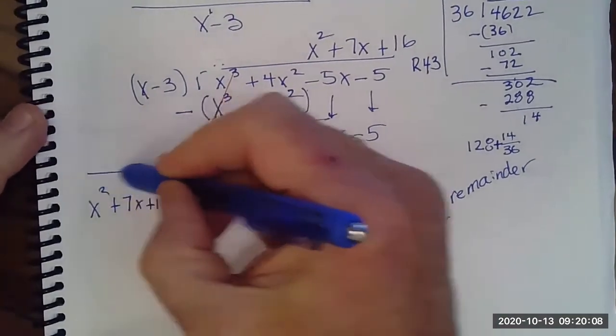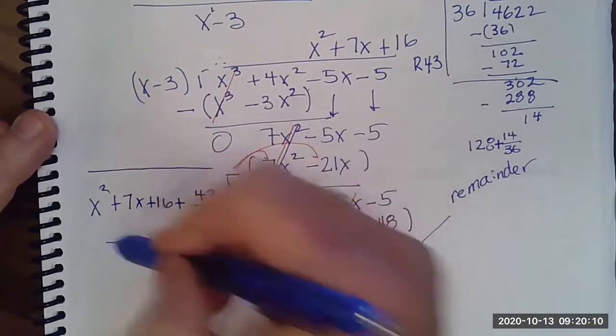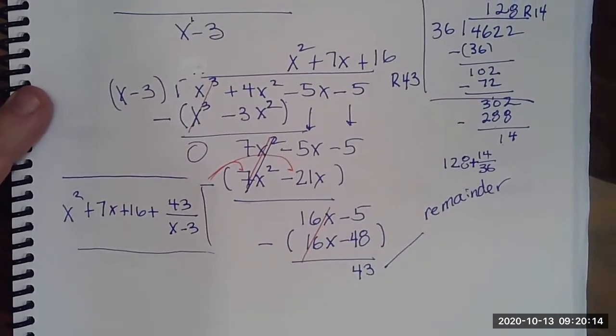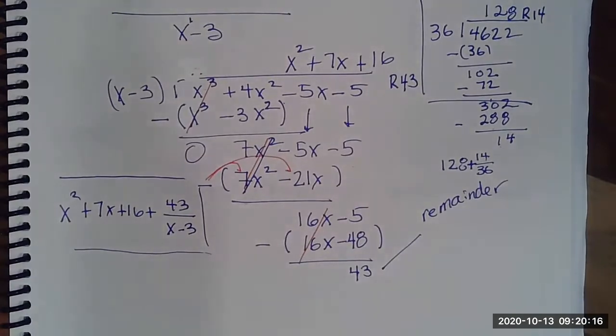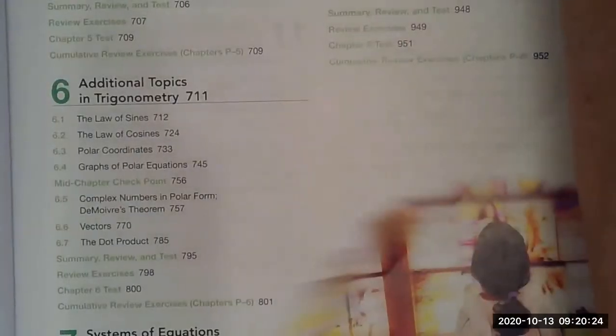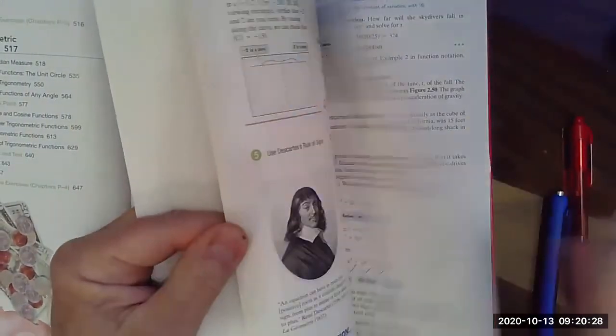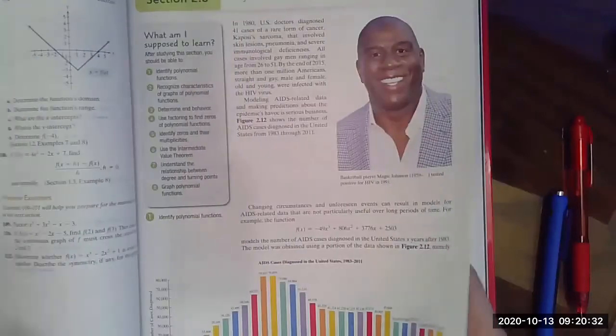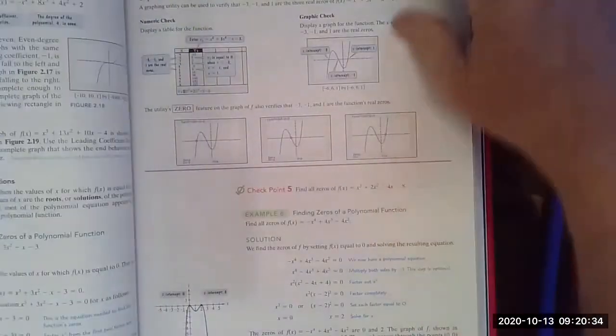So that would be your quotient rather than this. So the remainder always goes over the divisor.